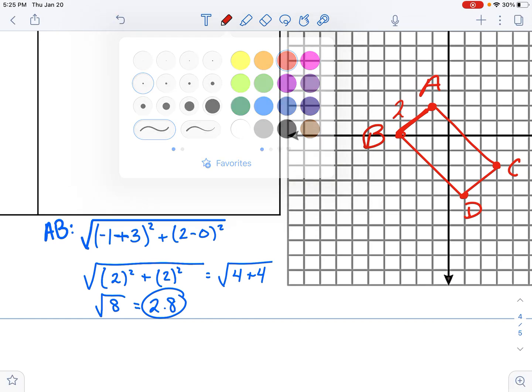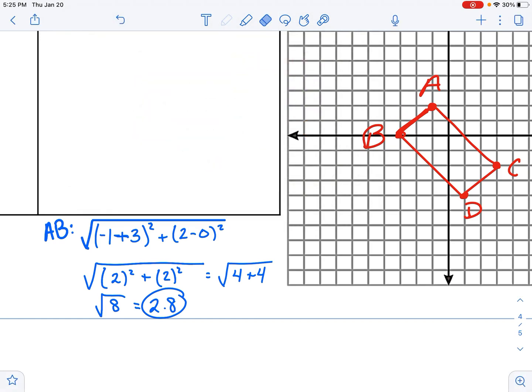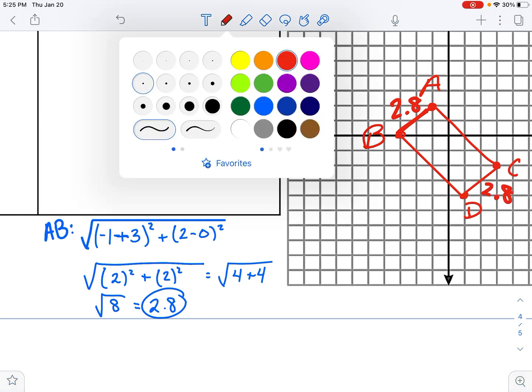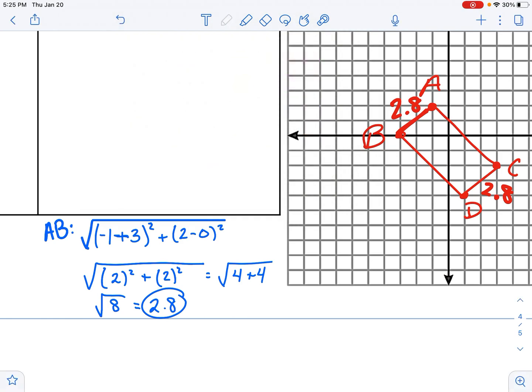Let me make that larger. So that is 2.8. And I know that because this is a rectangle, the opposite side must also be 2.8, and then I can find the length of AC in the same way.